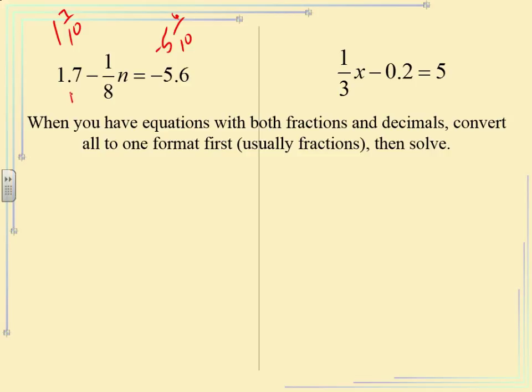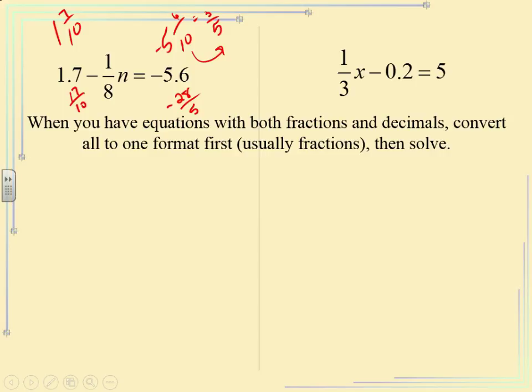So this one is 17/10. And this one, we could reduce this 6/10 to be 3/5 right there, and then do 5 times 5 is 25, plus 3 is 28, so this is -28/5. Okay, and so then from there, you would set up your equations using all fractions or all decimals.